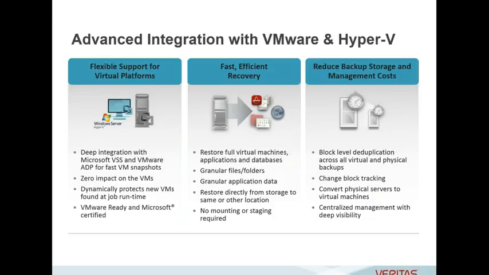So just a little bit more information around our virtual support. As I said before, we can do single pass backups across our virtual machines and our hypervisors, and from there we can either restore our virtual machines as a whole machine if a system goes down, or more likely, which most of you have probably experienced, 99% of the time you're going to be restoring an individual item.